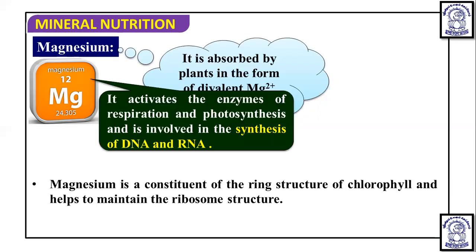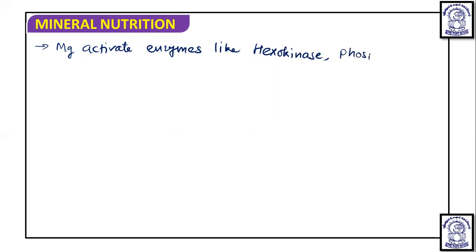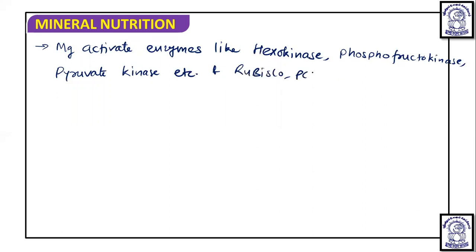Apart from this, magnesium activates certain enzymes like hexokinase, phosphofructokinase, pyruvate kinase, etc., and enzymes of photosynthesis like rubisco and PEP carboxylase also.